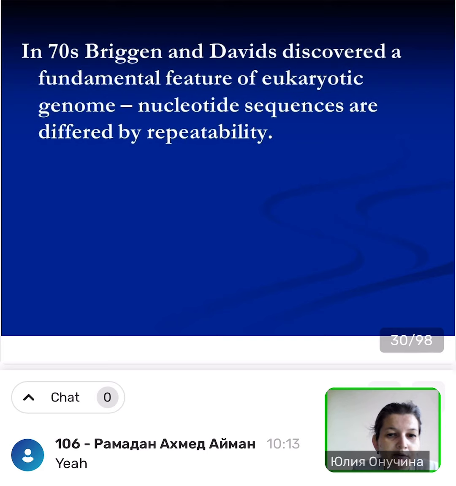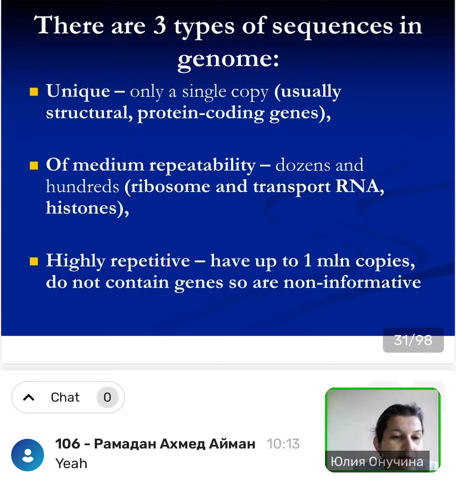And in the seventies Britten and Davidson discovered a fundamental feature of the eukaryotic genome, that we have different sequences according to their repeatability. Now we know three types of sequences: unique sequences, medium repeatability sequences, and highly repetitive sequences.